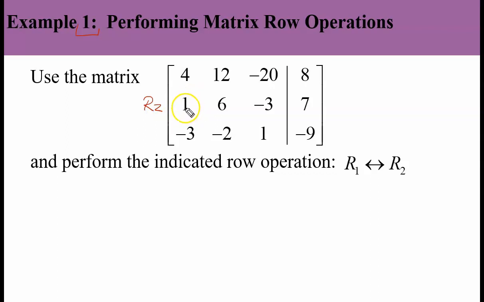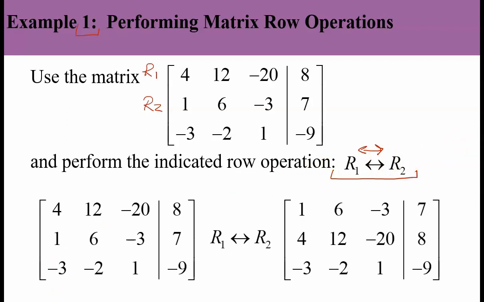So let's exchange row 1 with row 2. And how would we define that or write it? Well, it's right here. Now, what indicates in this symbolism that you're exchanging rows? Well, this arrow on both sides, in a sense, this symbol. Okay, so let's see that in action here.